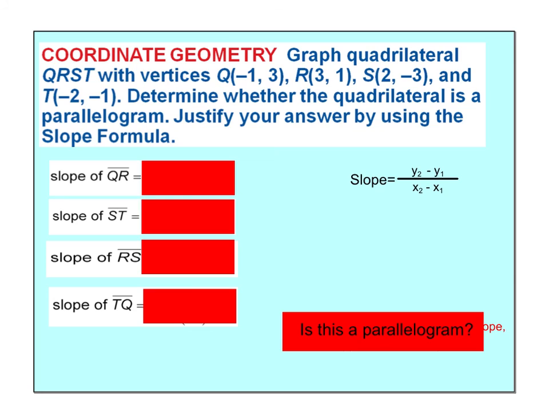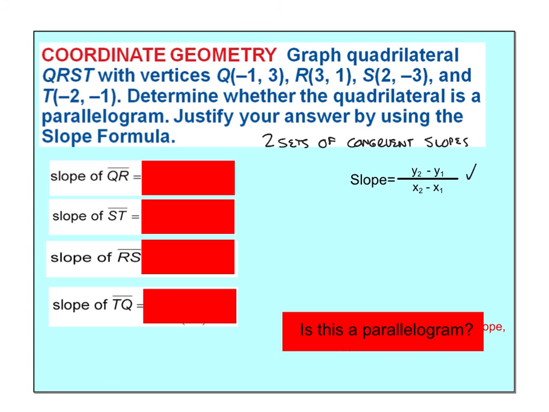Okay, so now this is a little bit of coordinate geometry. So we look at a quadrilateral, and if you wanted to, you could sketch this out, but you do this by looking at slopes, okay? So we look at this by, do we have two sets of congruent slopes?